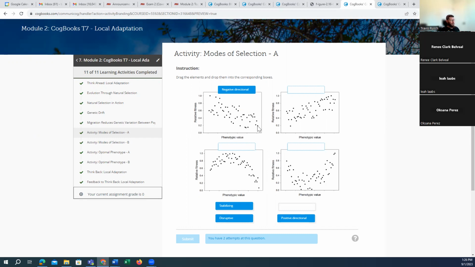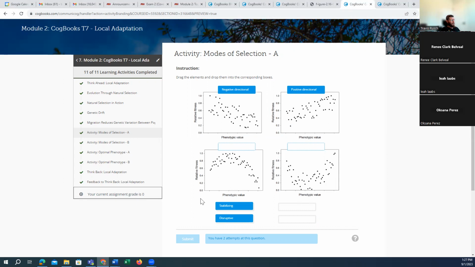Pretty straightforward. And then what about this one? What's the pattern we're seeing here? Would that be your positive directional? Yeah, exactly, because as phenotypic value increases, so does relative fitness. We have a positive slope, so it's directionally positive. And this one was the opposite, directionally negative.